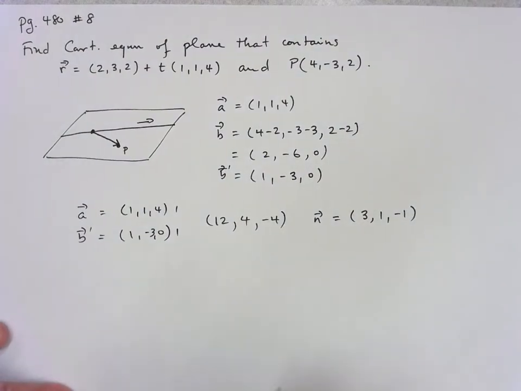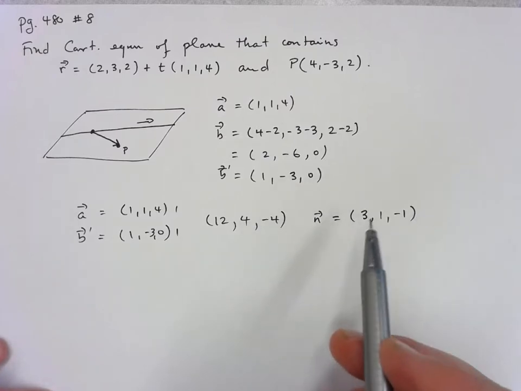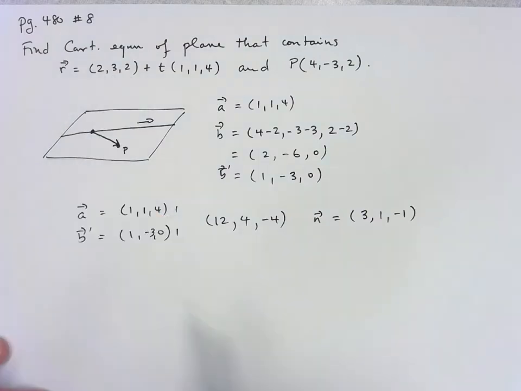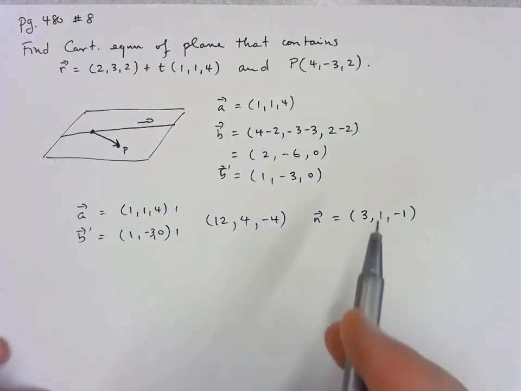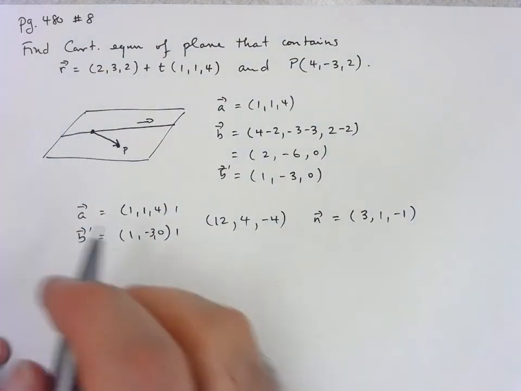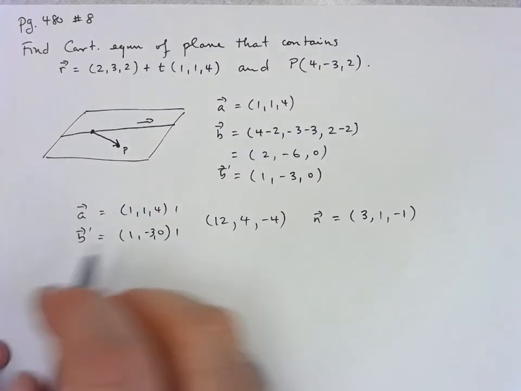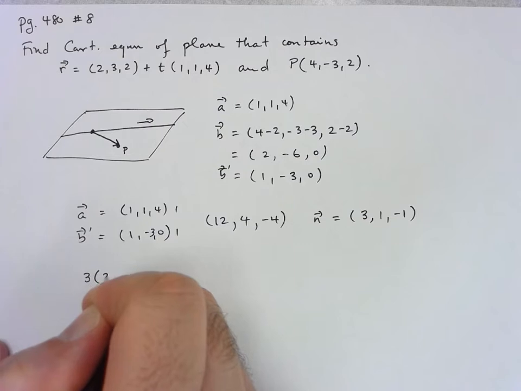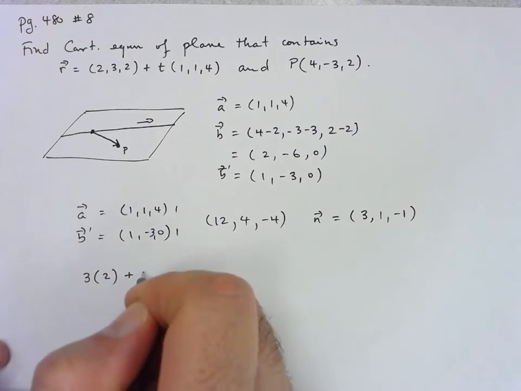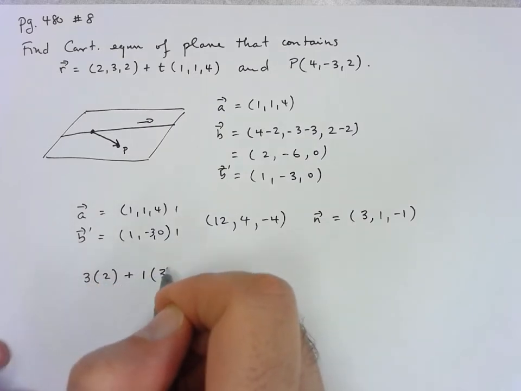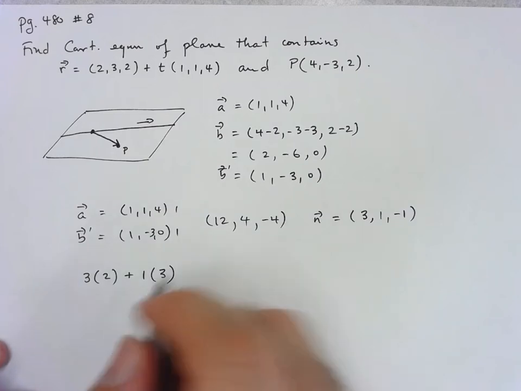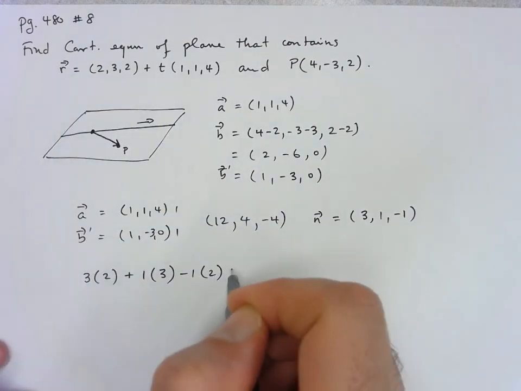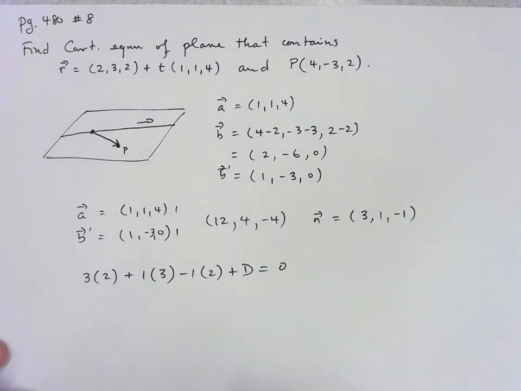Now I have all the information I need, because I have a normal vector and I have 2 points I can choose from. 2, 3, 2 seems a little easier, so I'll use that. We take our normal vector, we take our point, and we put it into our general equation for a plane, which is ax, so 3 times 2, plus by, so 1 times 3, plus cz, so that's negative 1 times 2, and then plus the d value, which is what we're looking for.